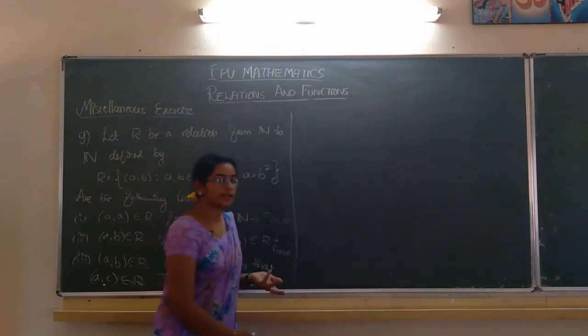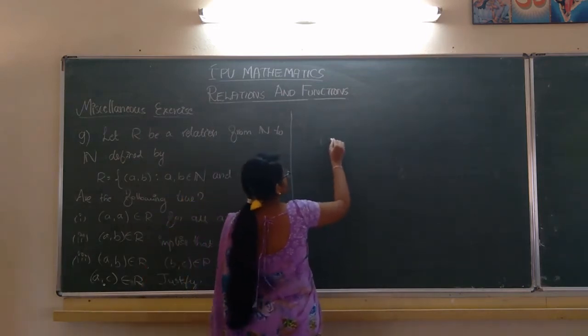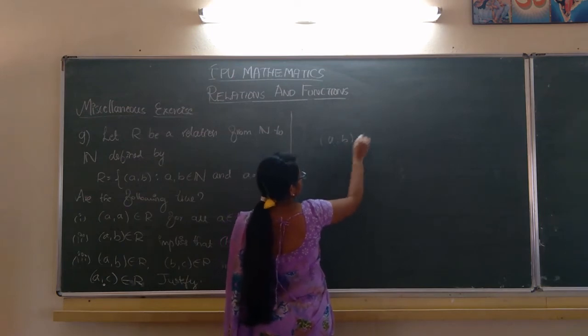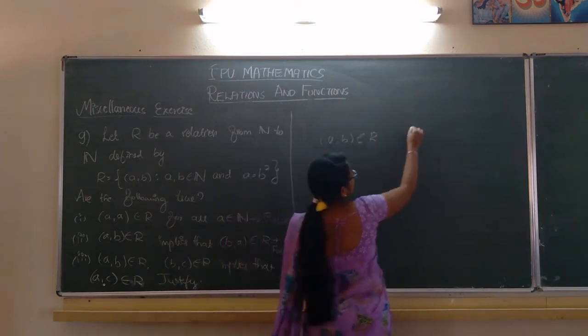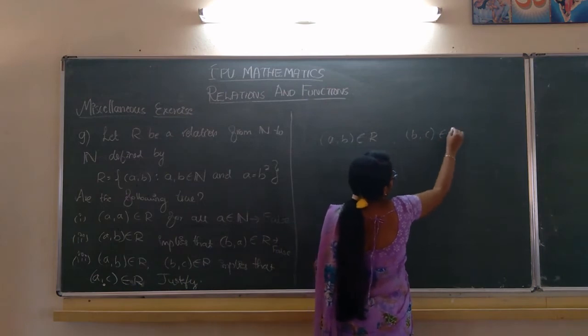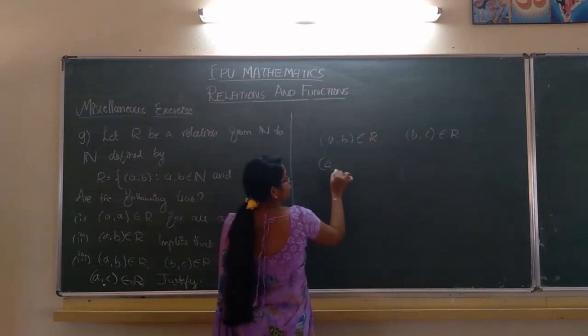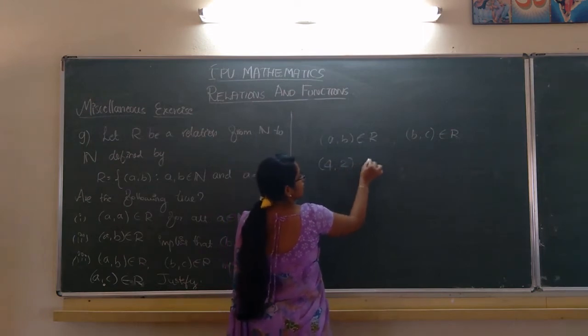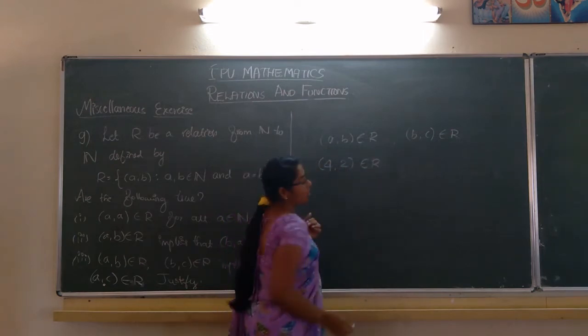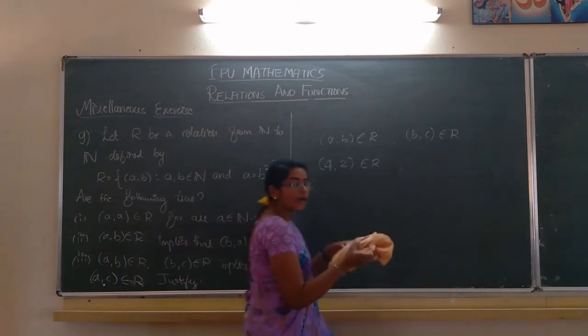Now, coming to the third statement. I should have A comma B belongs to R and B comma C belongs to R. I will take my 4 comma 2, or I will take both the square numbers only.